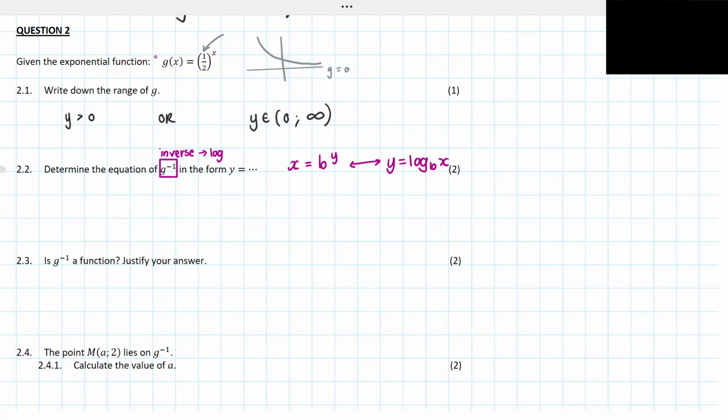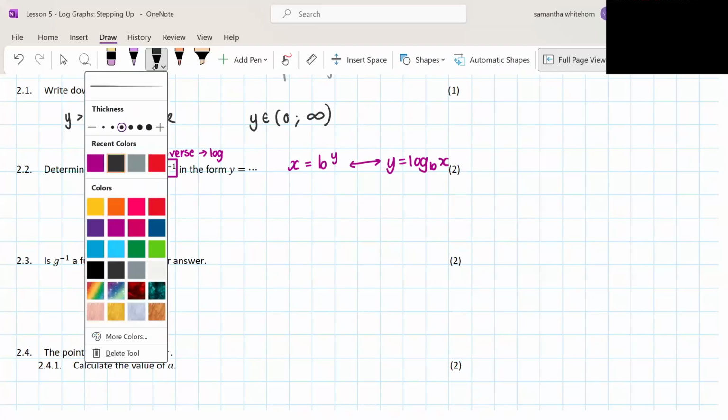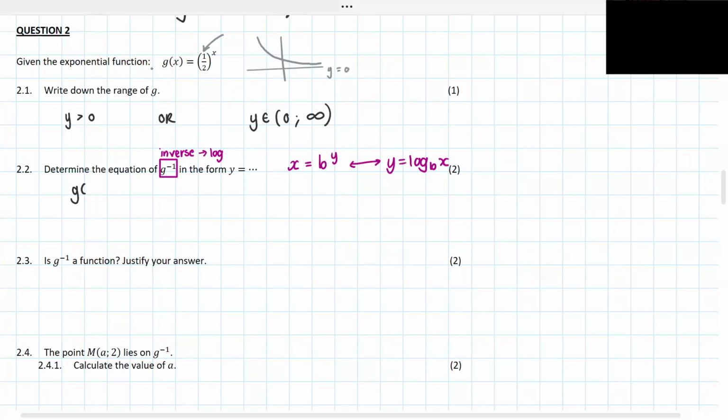Okay, so I want you guys to try and find for me the inverse of this function. Remember that g of x was equal to a half to the power x. So I want you to come up with the equation of the inverse for me.